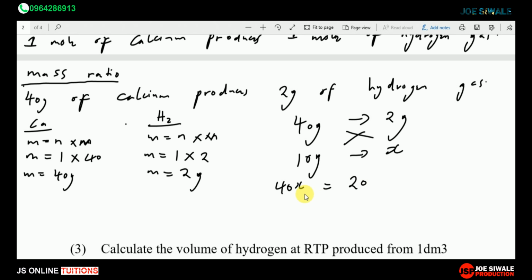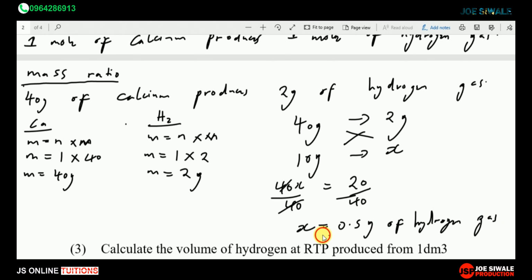So divide by 40, divide by 40. Our x is going to be equal to 20 divided by 40. We're going to have 0.5 grams of hydrogen gas. That's going to be our answer.